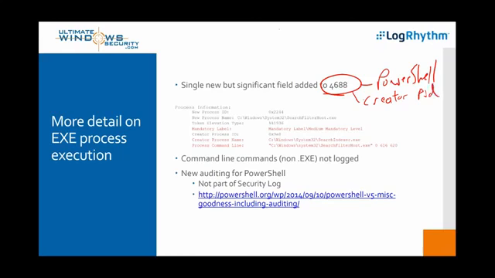Then we'd go back in time looking through the log, looking for another 4688 where its PID was the creator process ID from the first occurrence of 4688. At that point we would have the process name of whatever program started PowerShell.